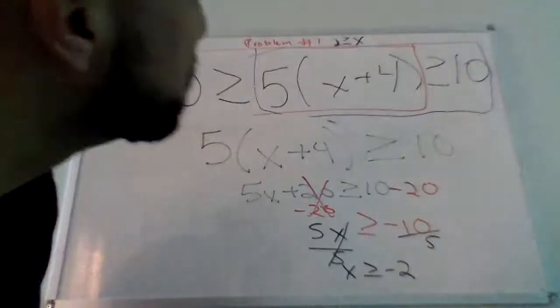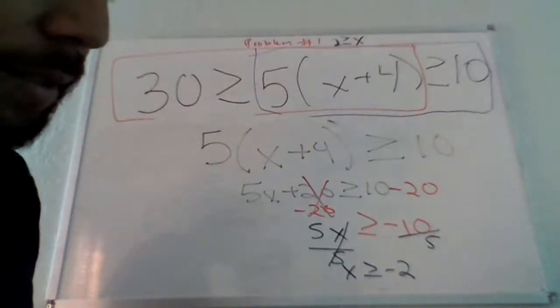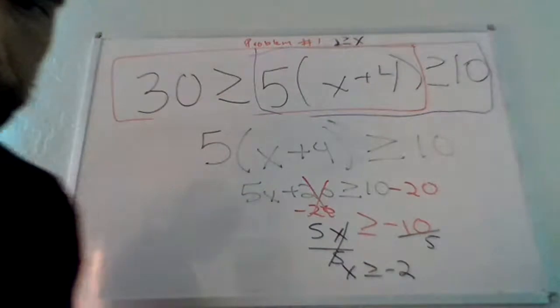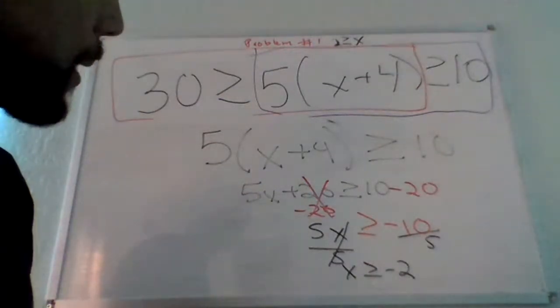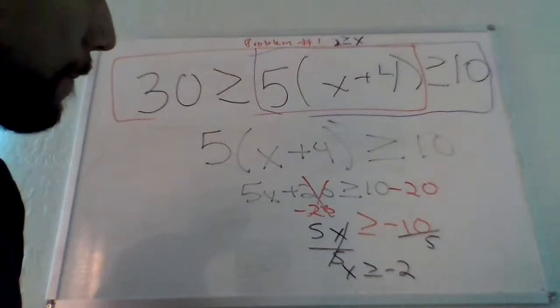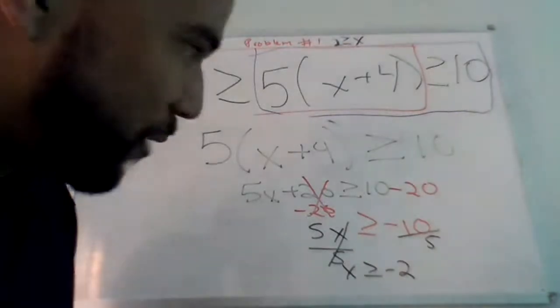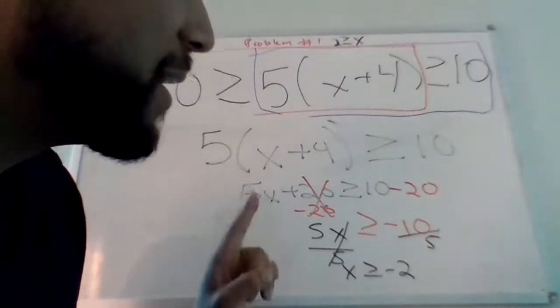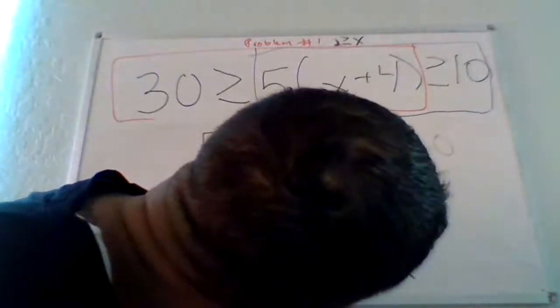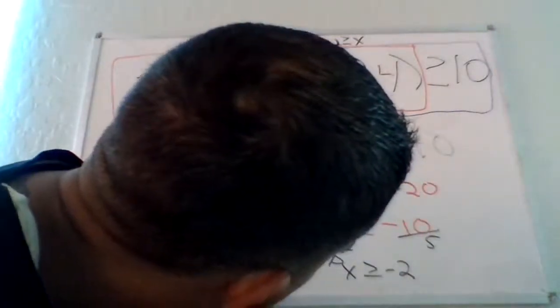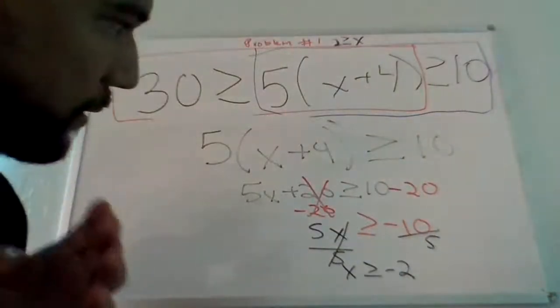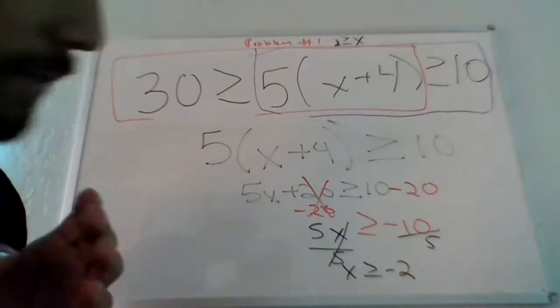Go ahead. Now I have a question. The first time you said that if we divide with the negative sign, ooh, good question. If we get a negative number, the sign, greater or less, gets flipped.